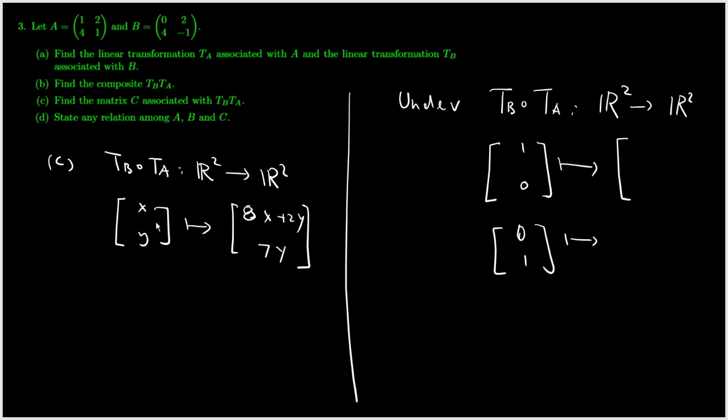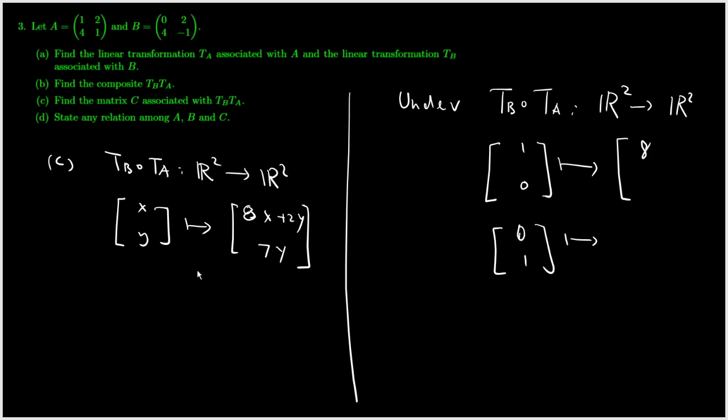X value of 1, y value of 0 will give you 8 as the first component in the output. Okay, and then the second component. Sorry, I think I did something wrong. Yeah, that's right.